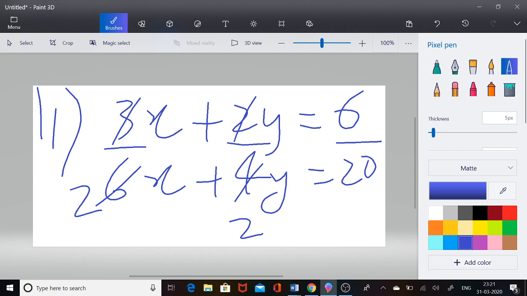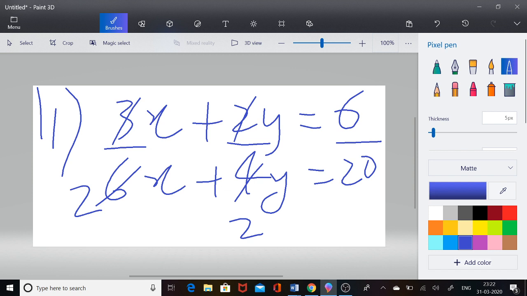The shortcut for this is 11th is A, because they are parallel, and one is going towards the origin and the other is going away from the origin. The one 3x plus 2y is less than or equal to 6 is going towards the origin because it is less than or equal to 6, and the other one 6x plus 4y is greater than or equal to 20.